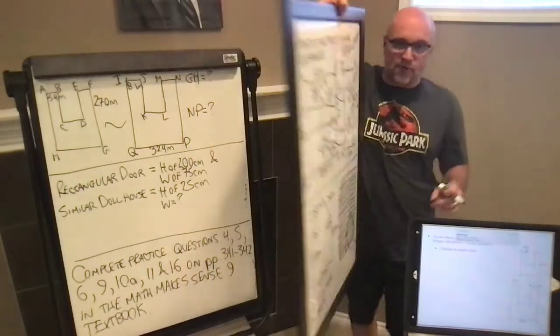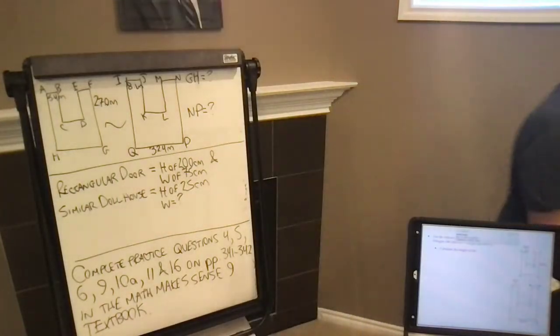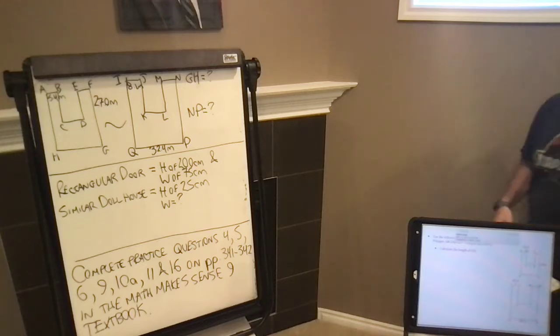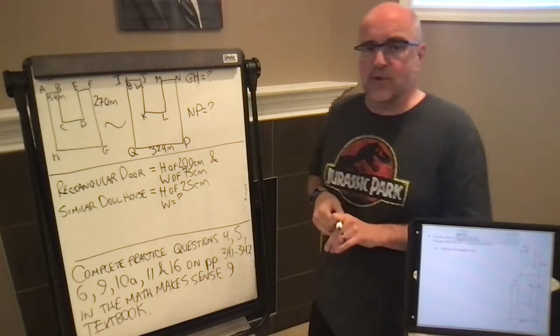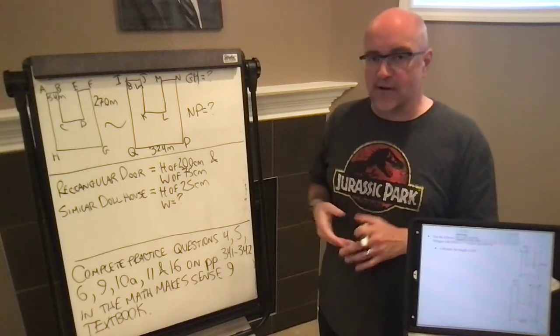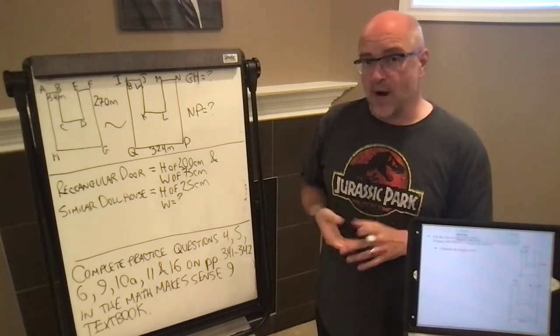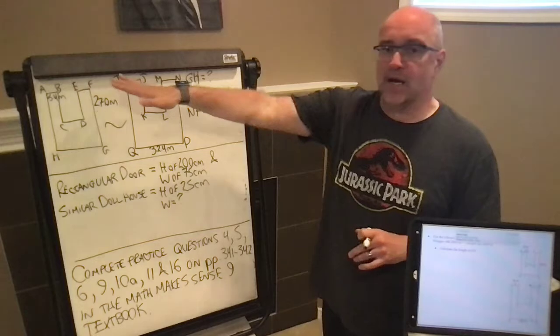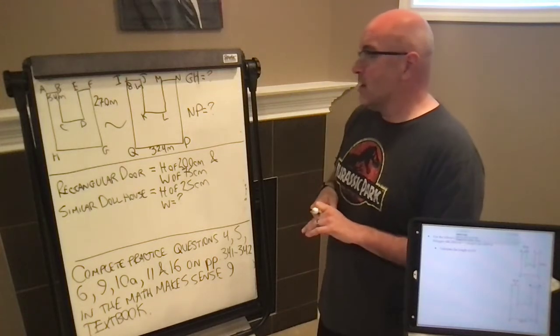A couple more questions for you. Now that we understand what similar objects are, and we understand that similar objects always have the same scale factor on all their corresponding sides, this allows us to run equations where we can figure out missing sides.